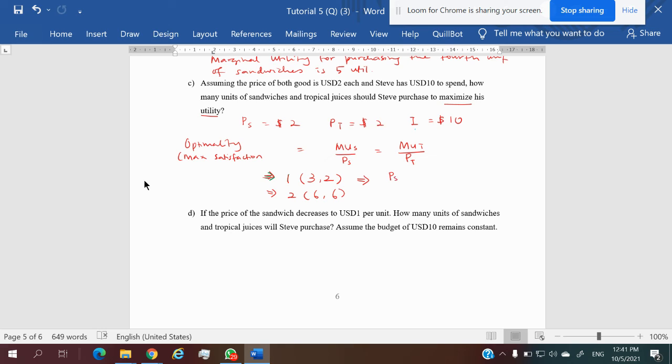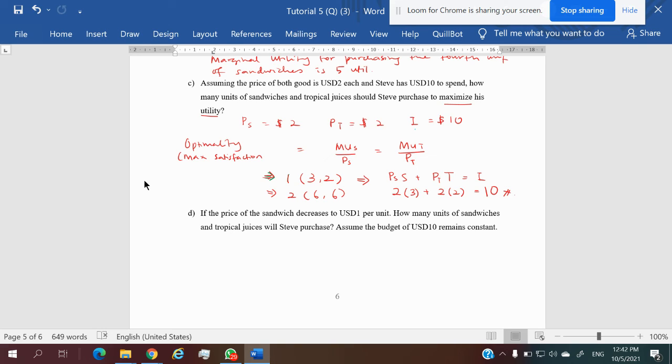So let's use this: PS times S plus PT times T is your I. Let's use the first combination. PS is 2 times 3, plus PT also 2 times 2. So this is 6 plus 4, which is equal to 10. So this is the combination that you can afford. If we use the other one, 2 times 6 is 12, and this is also 12, so the total will be 24.